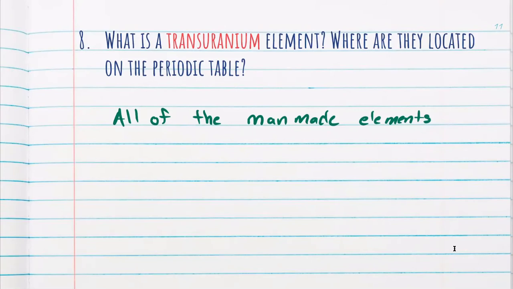All of these are made in a lab and they don't happen naturally. Where can you find them? They are all after element 92. And because they aren't found in nature and are made in the lab, they're also all very radioactive.